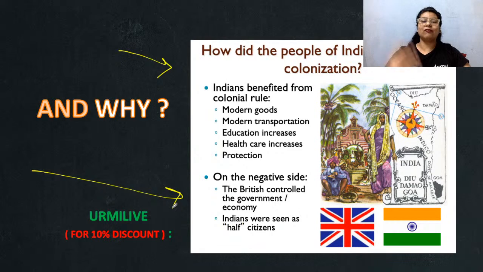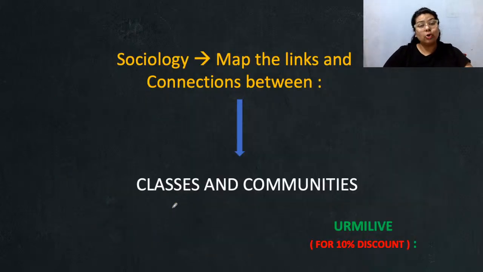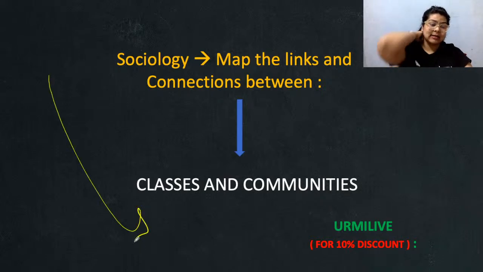Then different reforms came into practice. That is more about sociology, and the concept of colonialism came into the picture. That is the reason the first chapter is simply explaining what the concept of sociology is, what things started from there, and what things came later. Now, sociology also maps the links between classes and communities. It does, because unless you know what classes and communities are, you will not be able to differentiate.